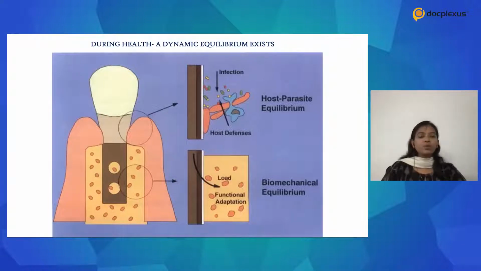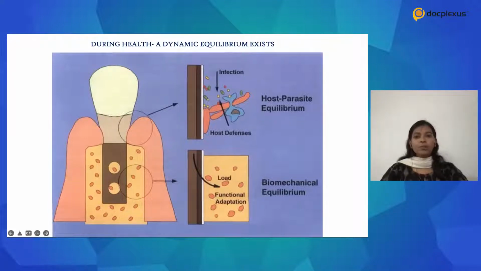The same thing goes with peri-implant diseases also. When the sulcus is inundated with microorganisms and the body is not able to support its defense, then comes a break in the equilibrium leading to peri-implant diseases. Not only that, the mechanical load also plays an important role.